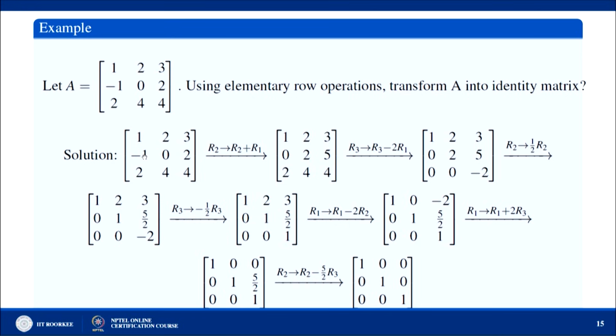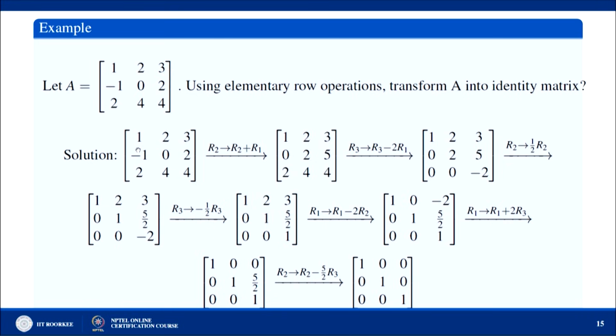In the identity, we have to take the first element as 1, and in that column, all the other elements must be 0. Similarly for the second element and for the third element, I mean on the diagonal. Now, to make 0 here, which elementary row operation will we apply?